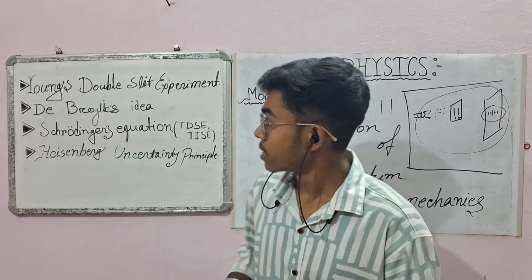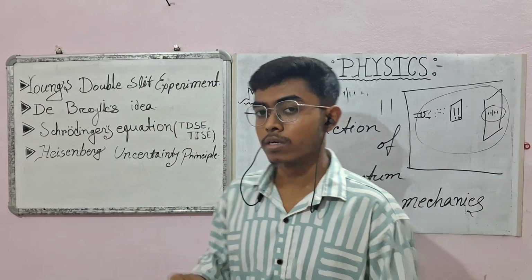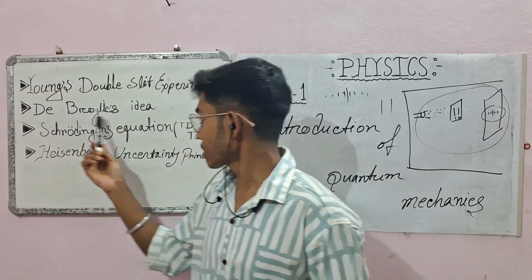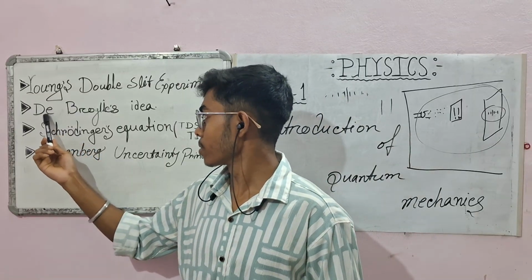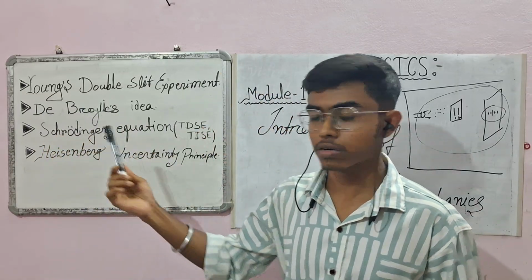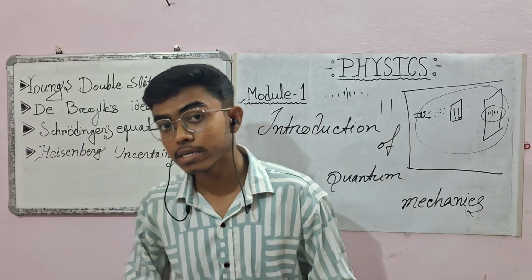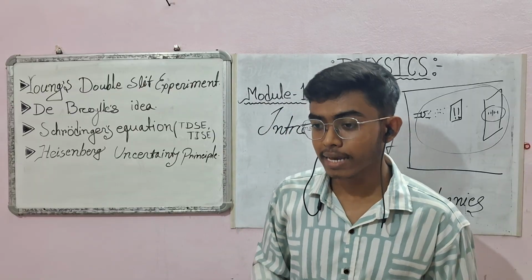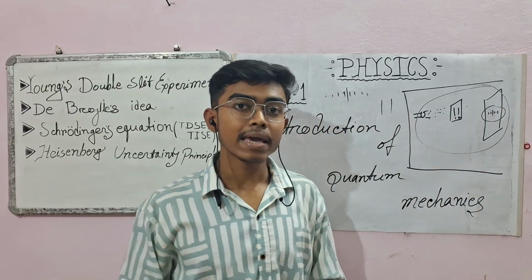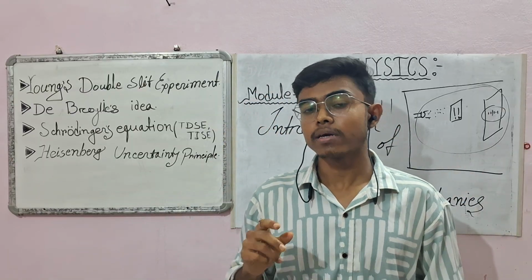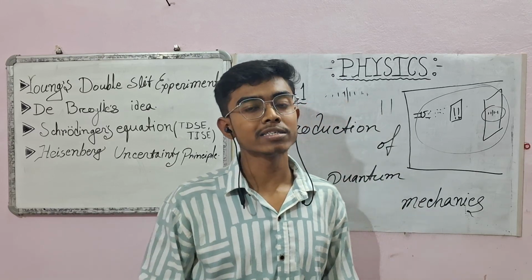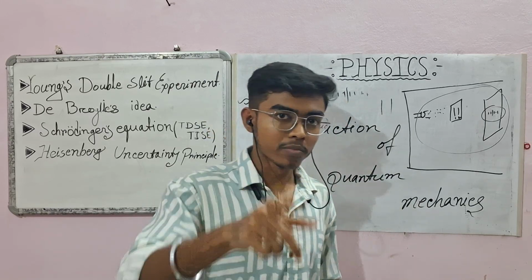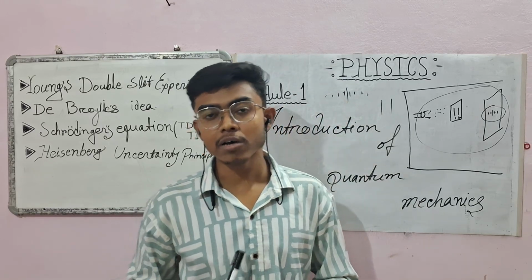But in your physics module, you will read about de Broglie's hypothesis. De Broglie says that not only light, every moving particle has wavelength. You are moving, you also have wavelength. I am moving, I also have wavelength.